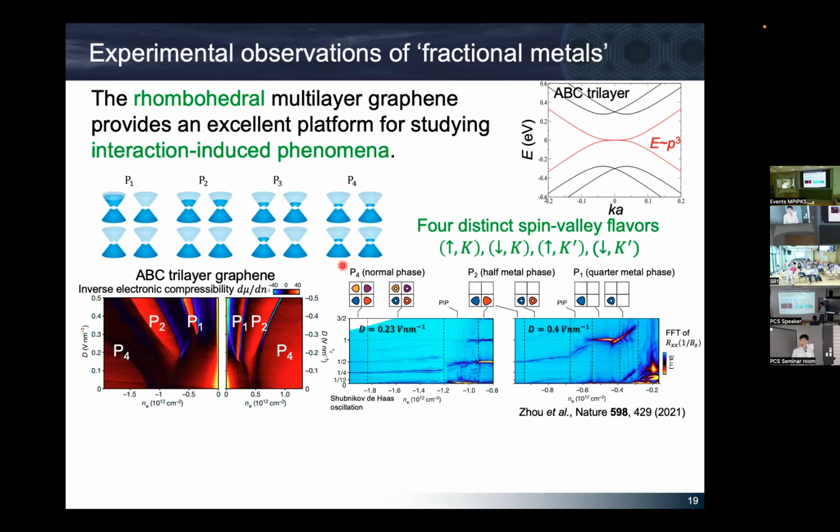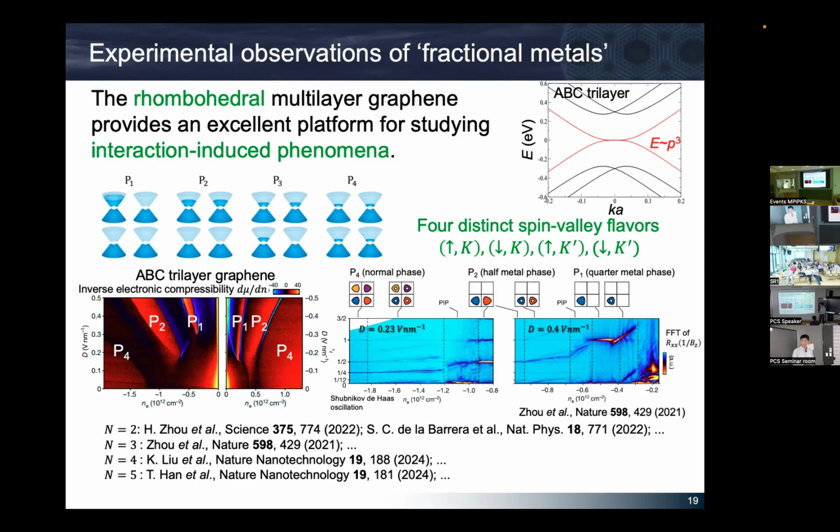These observations were first reported in ABC trilayer graphene by Jeil Jung's group. By measuring these magnetic oscillations, we can count the number of Fermi surfaces and therefore map which type of spin valley polarization exists in the system.